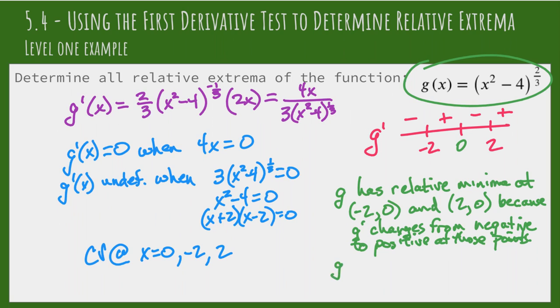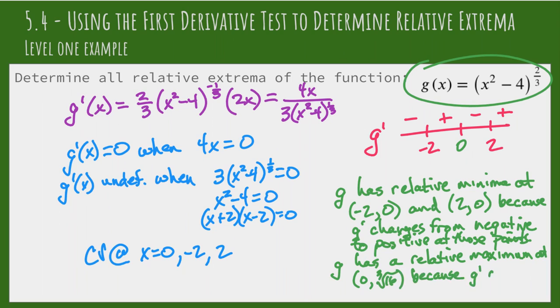So G has a relative maximum at 0, plugging 0 in, we have -4 to the 2/3. -4 squared is 16, so cube root of 16, because G prime changes from positive to negative.